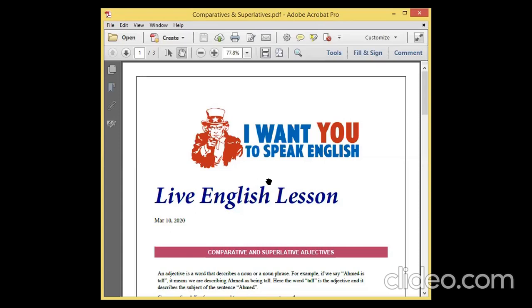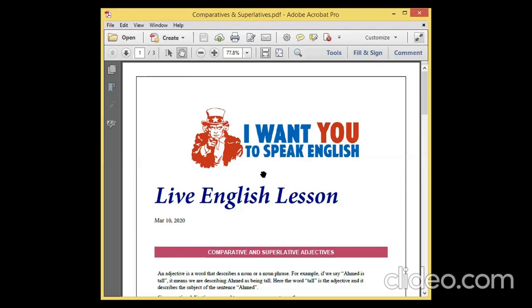So, as we have mentioned many times before, an adjective describes a noun, and it is a descriptive word.